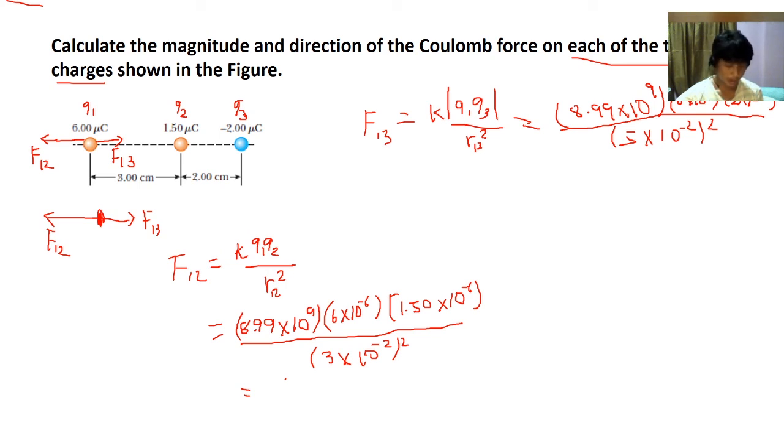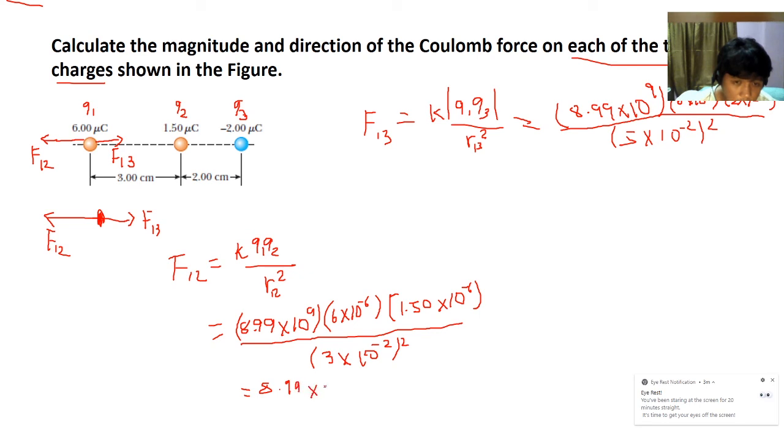So I'm getting 8.99 times 10 to the 9, negative 6 and negative 6 is negative 12, negative 3, and this is negative 4, times 10 to the 1 newtons, so 89.9 newtons.